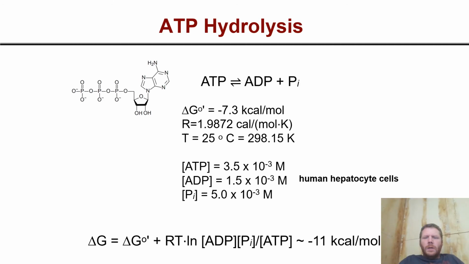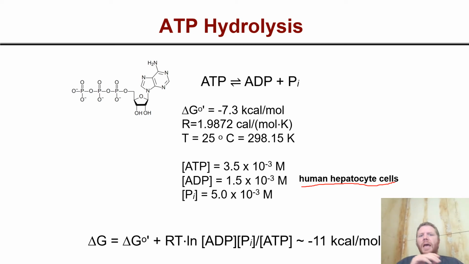Well, what this slide shows is some of the information that we knew from previous, where our delta G naught prime is negative 7.3 kilocalories per mole. Our R value is 1.9872 cals per mole Kelvin, and our temperature is 298 Kelvin. Now, our concentrations for ATP, ADP, and Pi are presented specifically in the context of human hepatocyte cells.